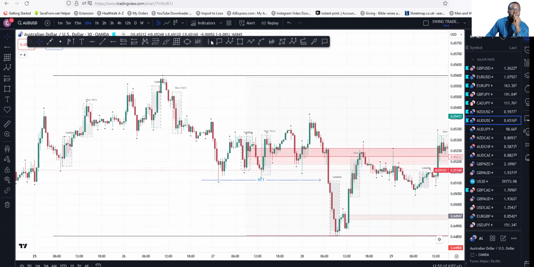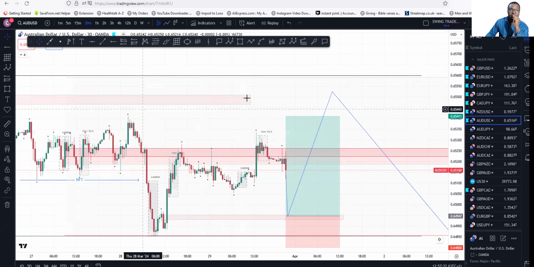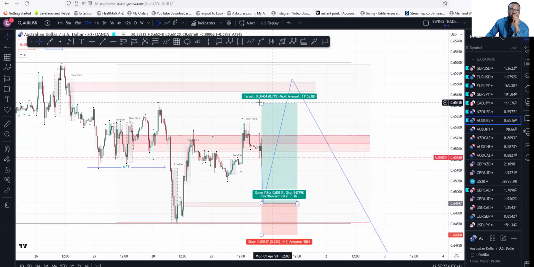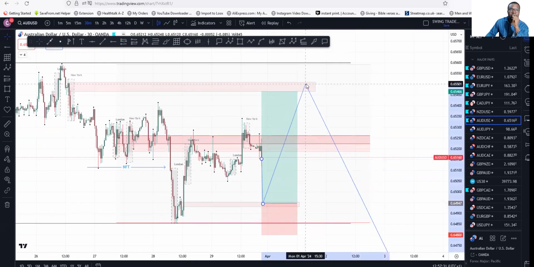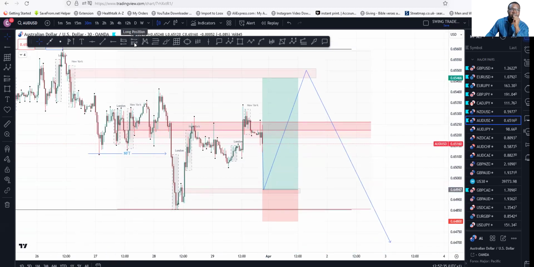On the 30 minutes, I can use this price action, which is the sell zone order block right there, as a target and also a possible entry opportunity for a sell move that may happen. So that's killing two birds with one stone.